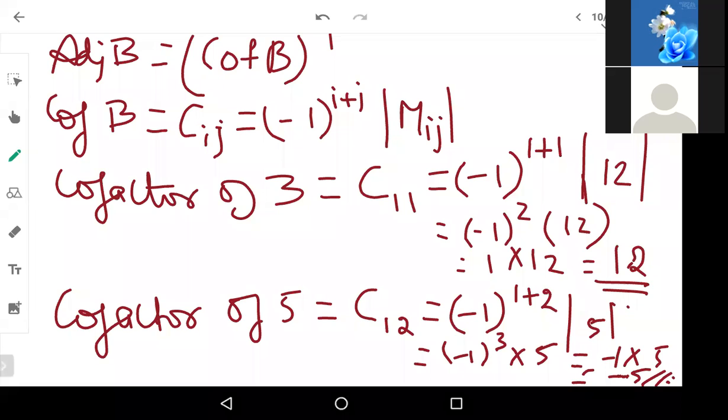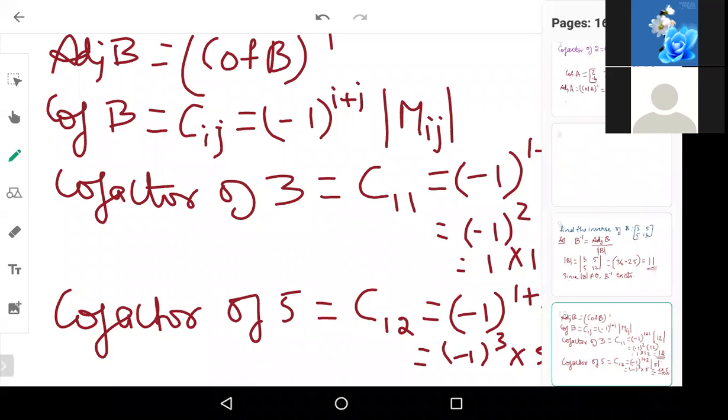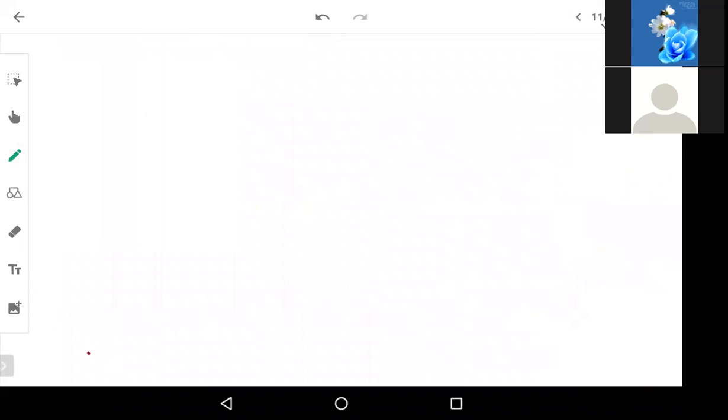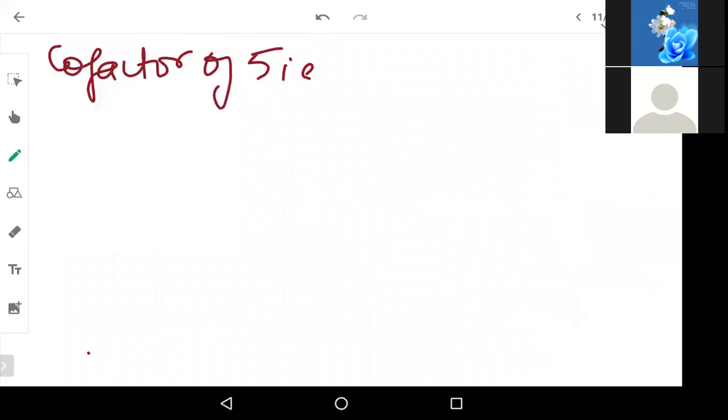Yeah, we were solving the cofactor of the matrix, that is 3 and 5 is over. Now, next, cofactor of 5, that will be second row, first column.